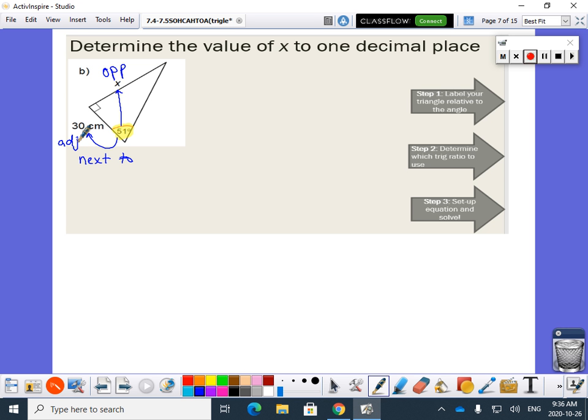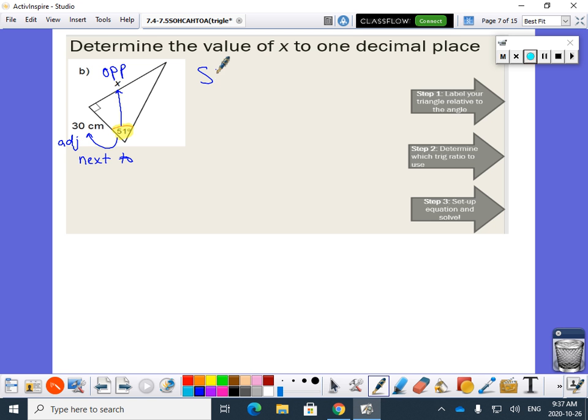Same thing every time. Opposite of the angle is opposite, next to the angle is adjacent, and we don't even have to label the last side because we don't really care about it, since it's not part of figuring out x, but this side is opposite of the right angle, which is called the hypotenuse. Good.